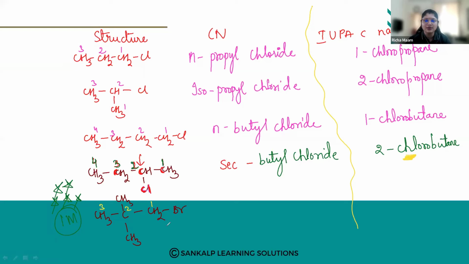We are seeing the last compound. Let me tell you the common name. Whenever the carbon atom is attached to 4 carbon atoms, then the prefix will come as neo, N-E-O.